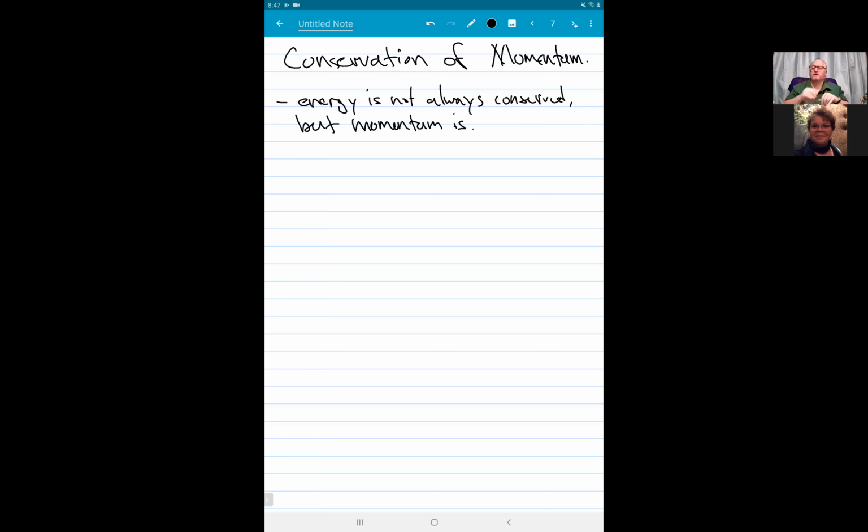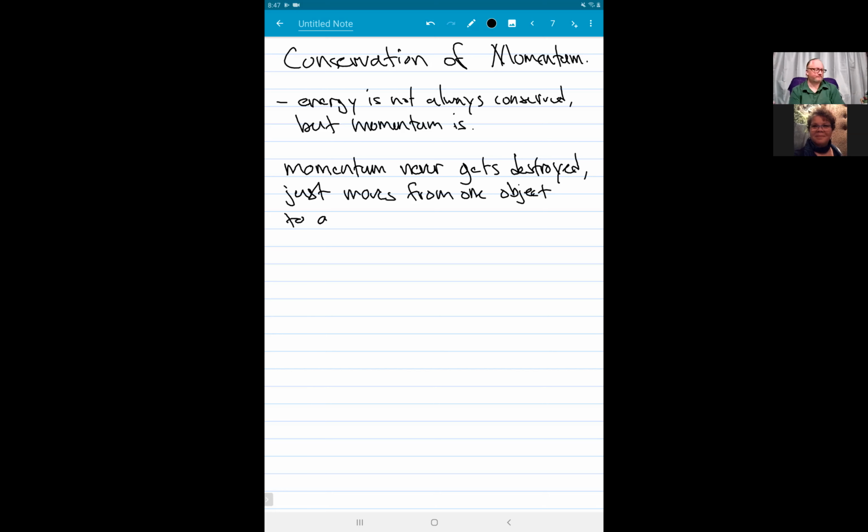It moves into something else, or it leaves the system, but it never gets destroyed. So momentum is never destroyed or created, for that matter. It just moves from one object to another, essentially.